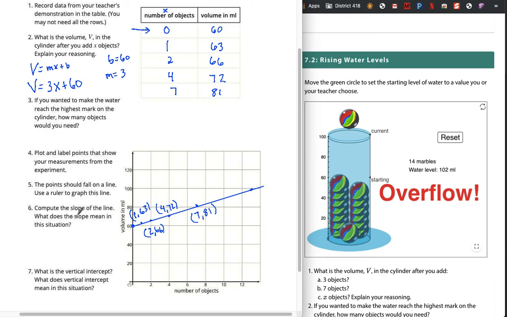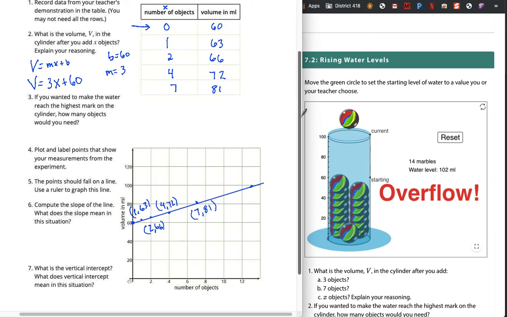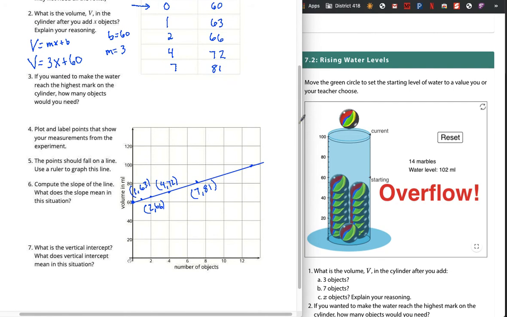Compute the slope of the line. What does the slope of the line mean in this situation? So we've already talked about the slope, but we could compute it by using our slope formula. m equals y2 minus y1, so 81 minus 72 over x2 minus x1, so over 7 minus 4. And that would be 9 over 3, which is 3.